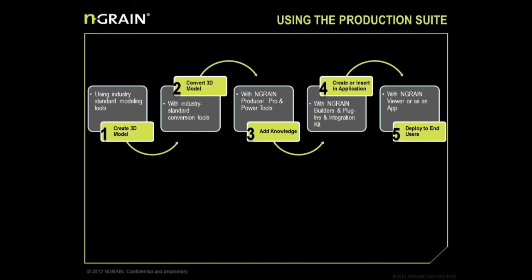This webinar is focusing on 3D Studio Max, but we're capable of converting from Autodesk Maya and a whole host of different CAD formats. We take the created model, either you model it by hand and manually create it, or purchase them online. You can use CAD models, and then we take them through a conversion process, which I'll demonstrate today.